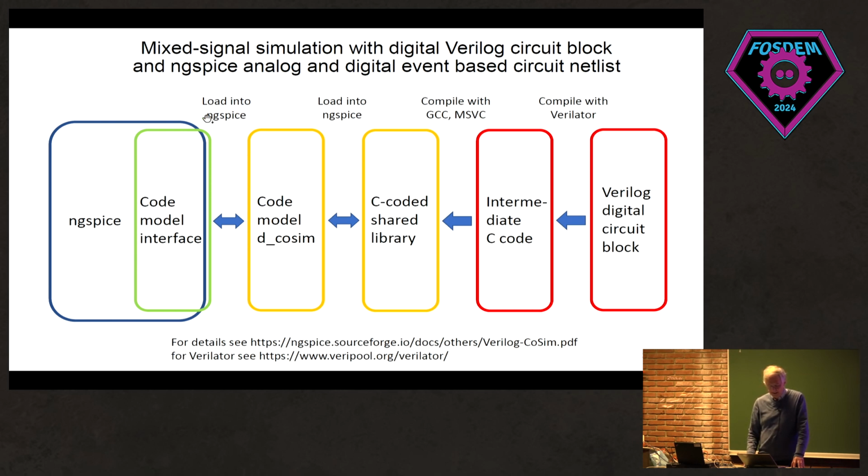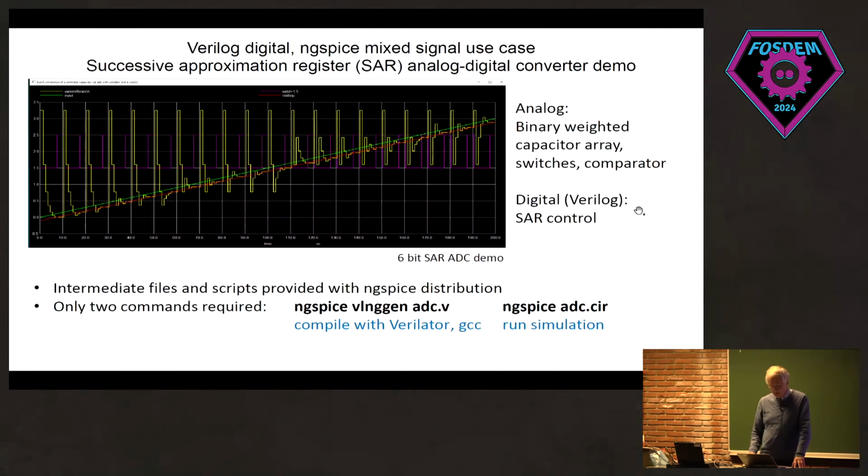NGspice has a so-called code model interface, and we have written a code model, d_cosim, which directly interfaces this shared library. So we can now run simulation with standard NGspice netlists, which may contain lots of analog plus digital blocks. This is an example. It's just a demo, not productive simulation.